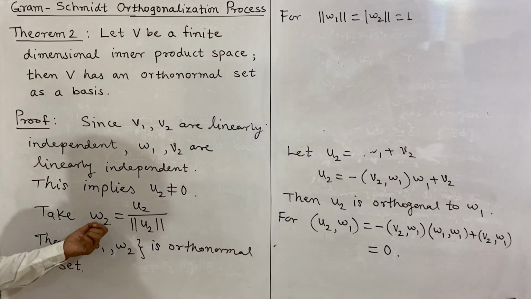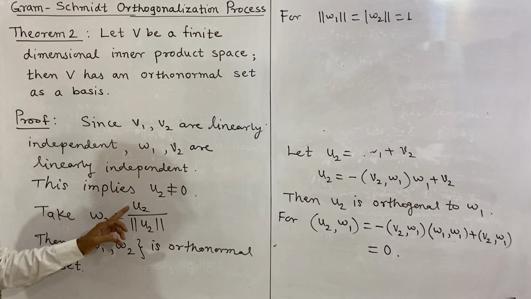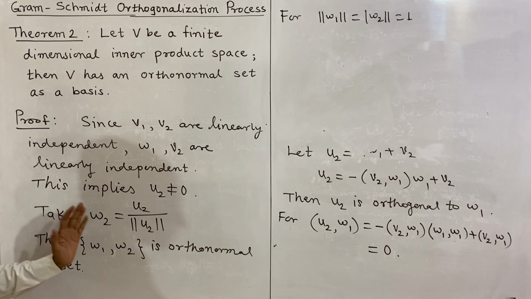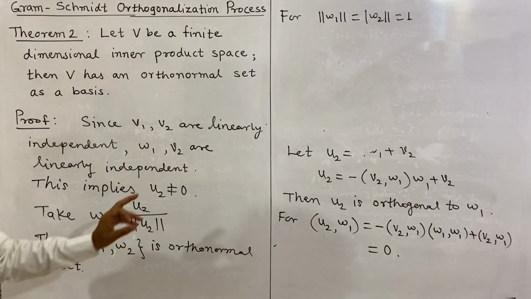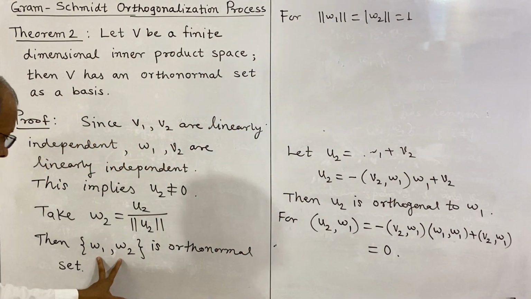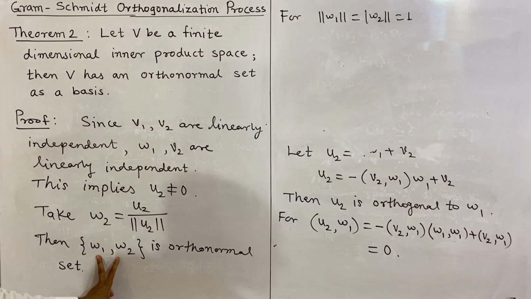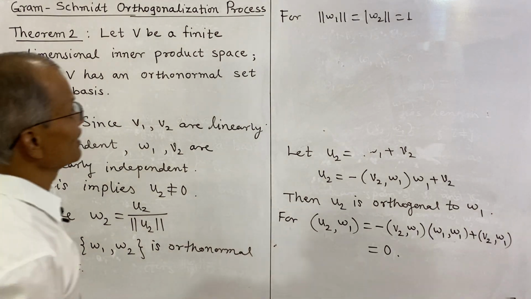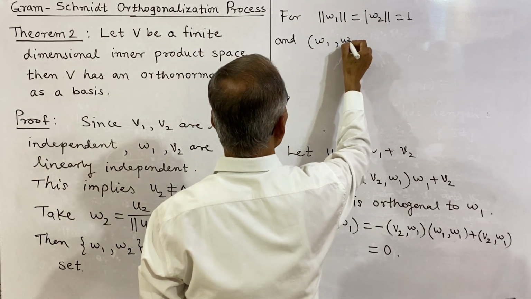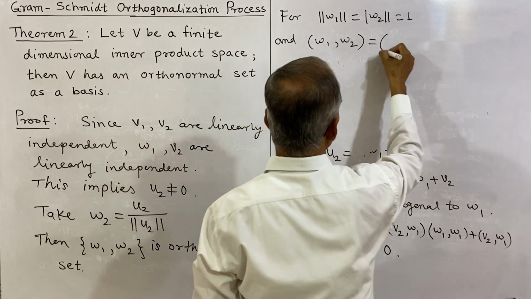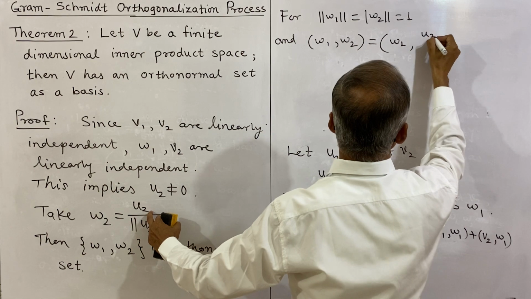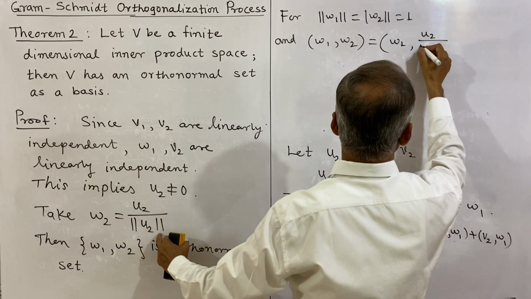If you take the inner product of W1 with W1, we have seen earlier it is 1, and therefore both of these are of length 1. Their inner product we shall show must be 0. Inner product of W1 with W2 is equal to inner product of W1 with U2 divided by norm U2.